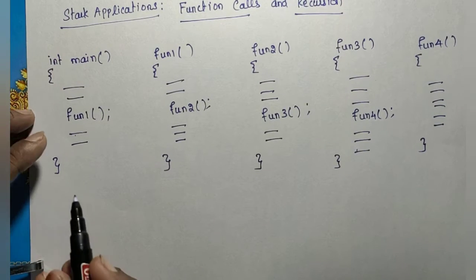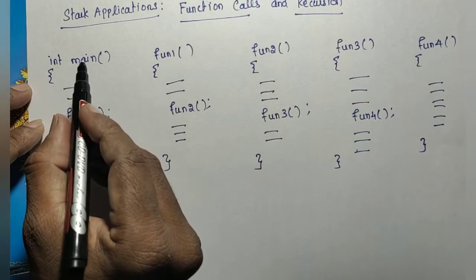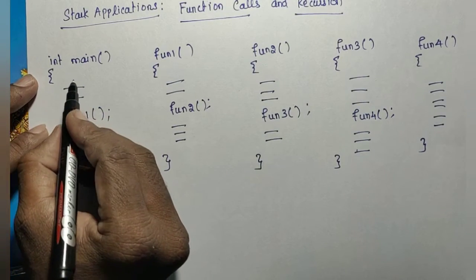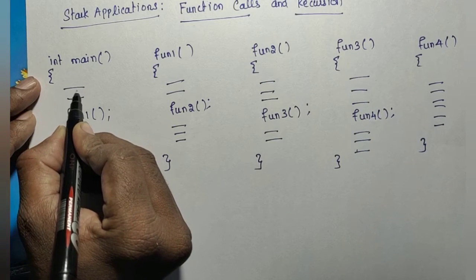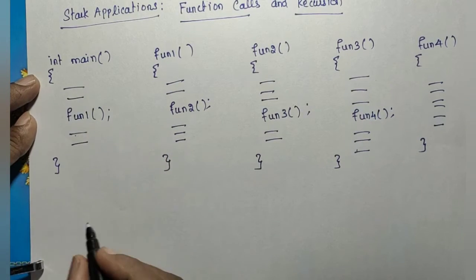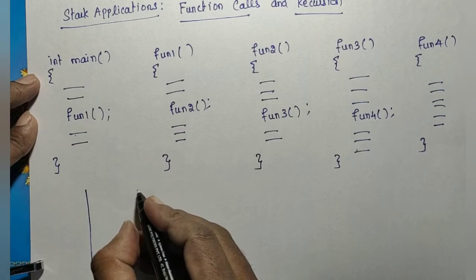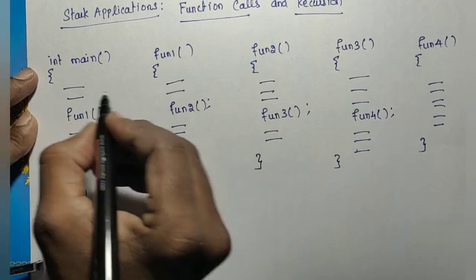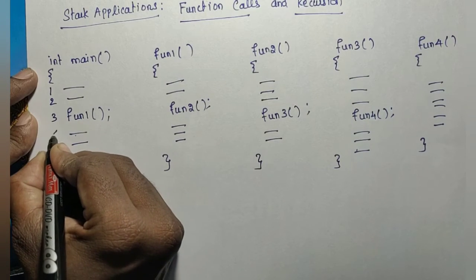When the system starts executing your program, it will usually start from main. It will read the statements one by one. The executable statements will be read one by one, and it maintains a stack. For example, these are the line numbers 1, 2, 3, and then 4 and 5.